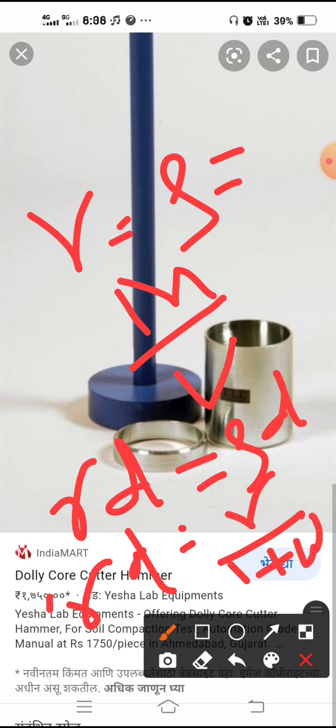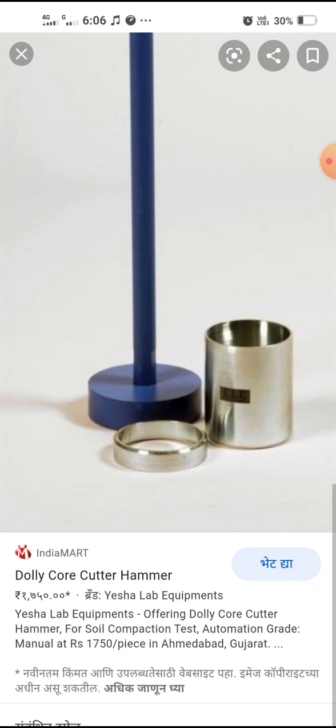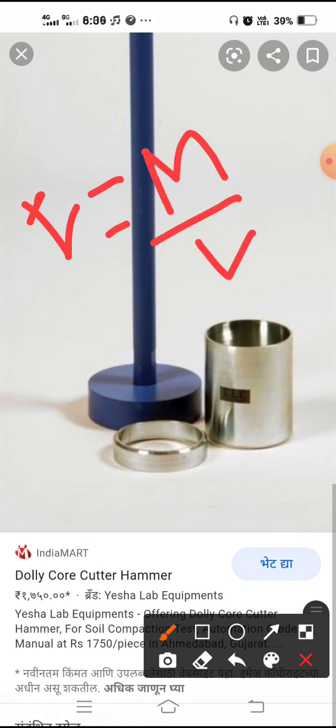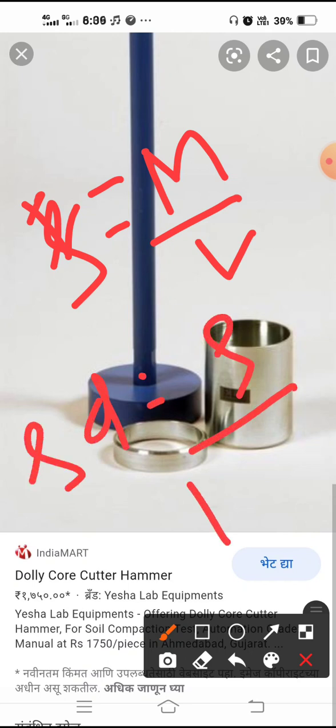These three things are important. First of all, we have to find out the bulk density, that is mass per unit volume, so here rho, and rho d equal to rho upon 1 plus W is the dry density.